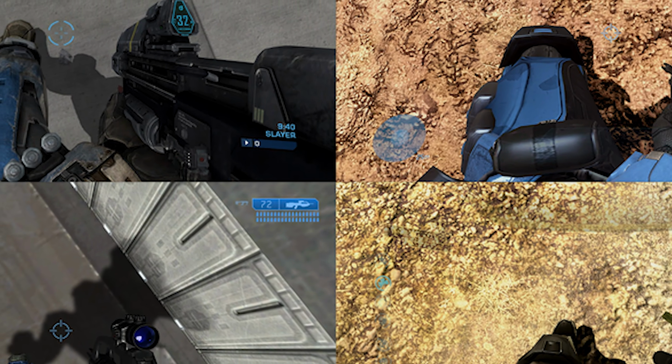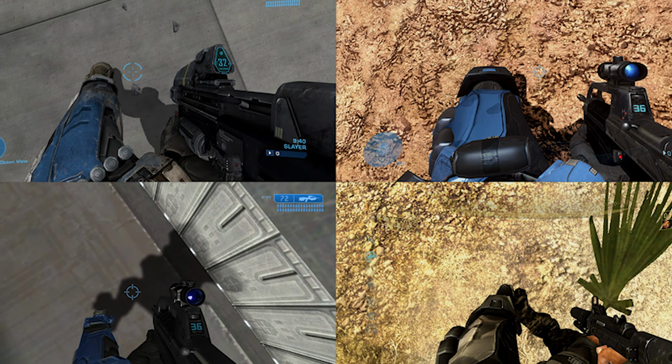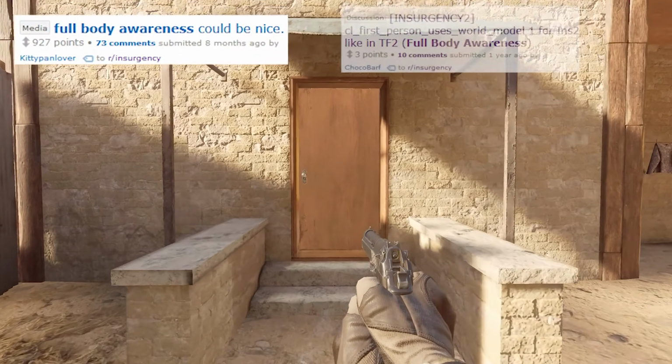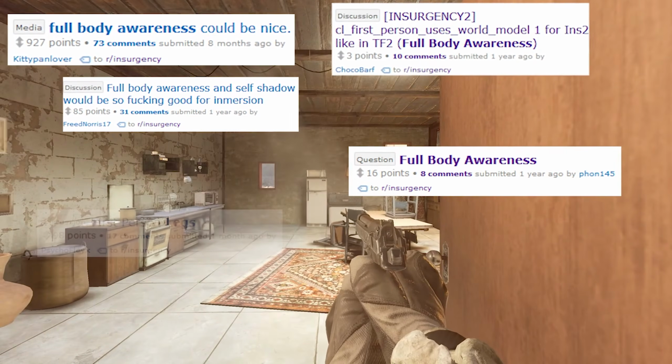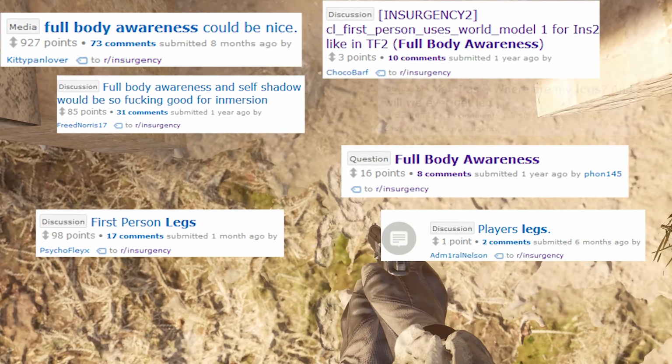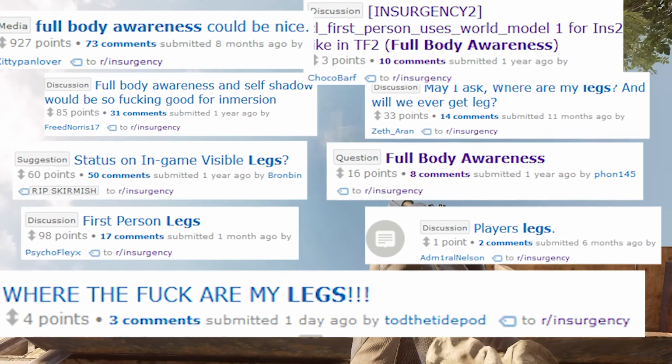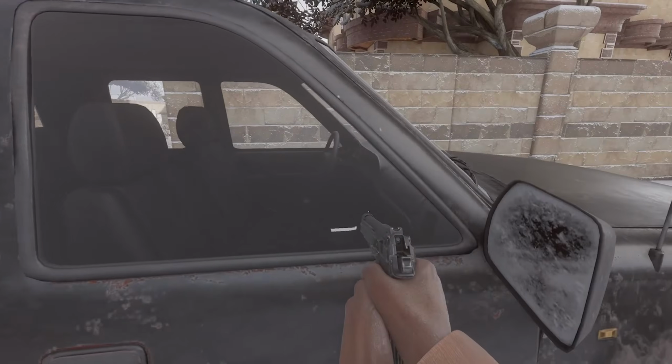Halo had this feature all the way back in the early 2000s. Past that, you'll see though that most games before the late 2010s, they just completely omitted it. BioShock, Half-Life, a lot of these cornerstones of first-person video games don't have it. Minecraft even. People just didn't want to render the body.